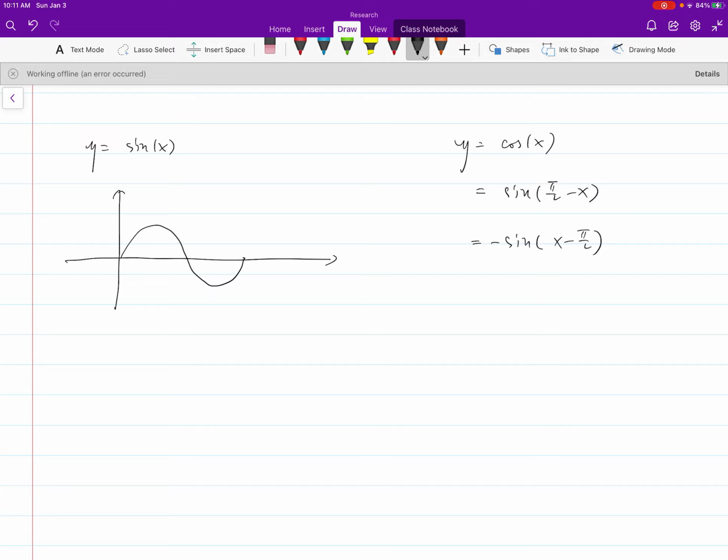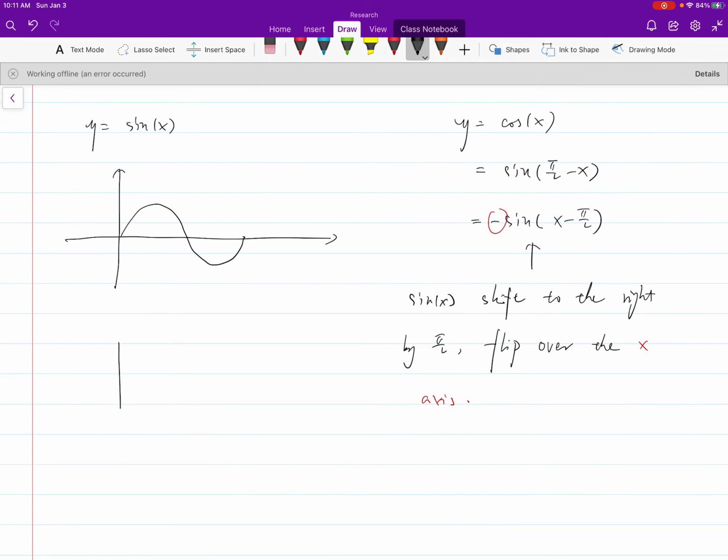That is going to be sine of x minus pi over 2 if you put a negative sign here, but because it's odd, you put it here. So this means sine x shifted to the right by pi over 2, and then flipped with respect to the x-axis because of this negative here.